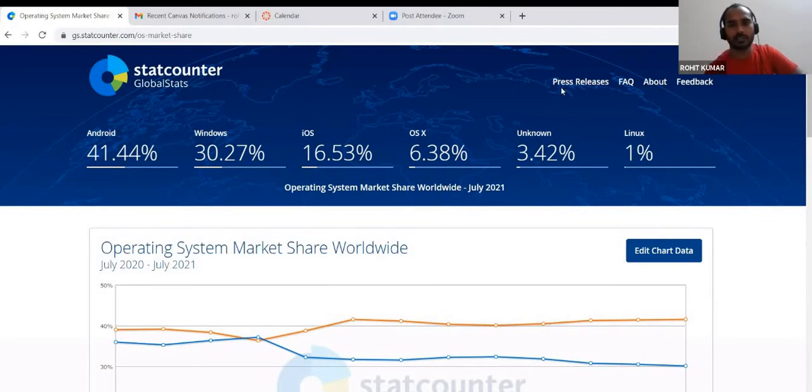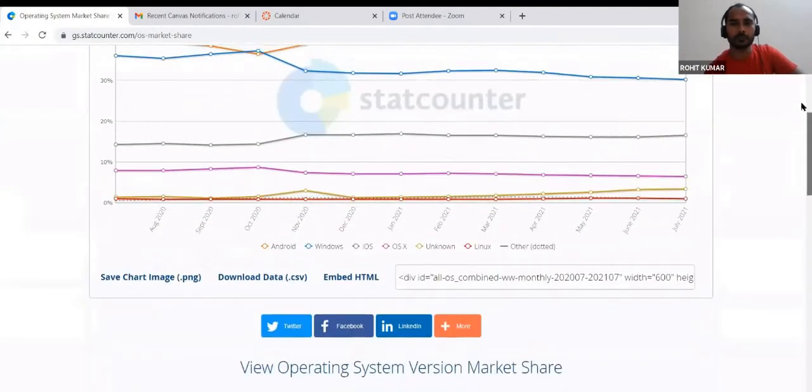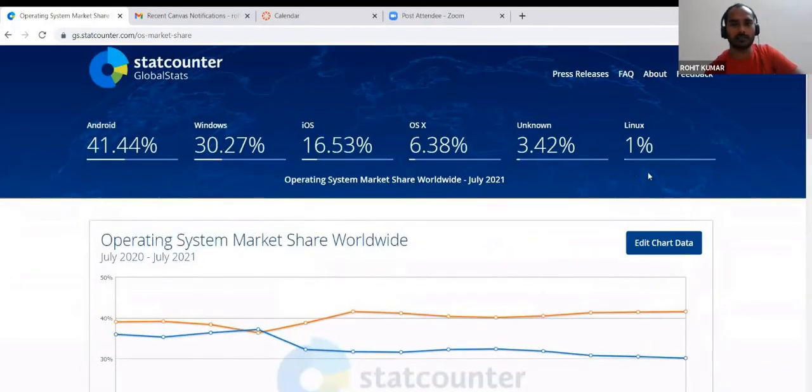So that's why those are unknown. And there is a dedicated 1% Linux market share. It looks very small, but obviously its impact is very high in terms of research and computing development, all the things that I was discussing. Android and Linux have changed this whole computing market.